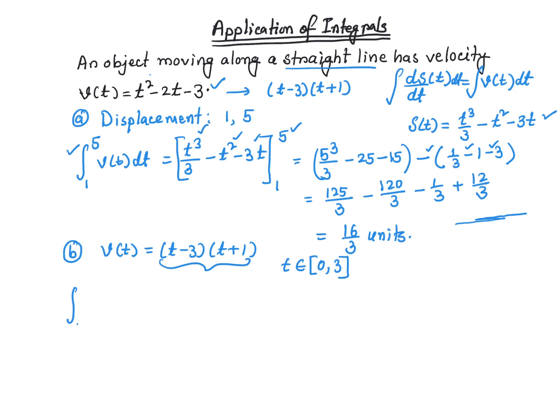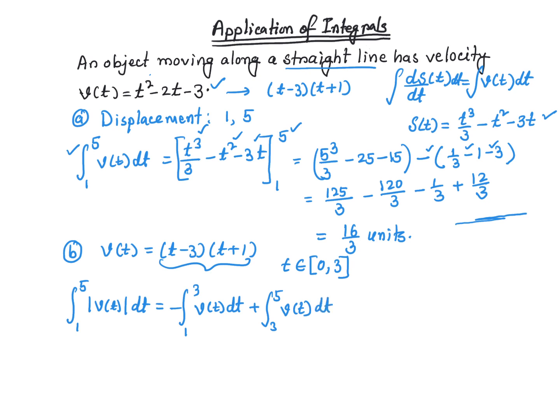So the integral from 1 to 5 of the absolute value of v of t dt, which from 1 to 3 is going to be negative, so we put a negative sign in front of it. Two negatives make it positive. So it's the integral from 1 to 3 of negative v of t dt, plus the integral from 3 to 5 of v of t dt.